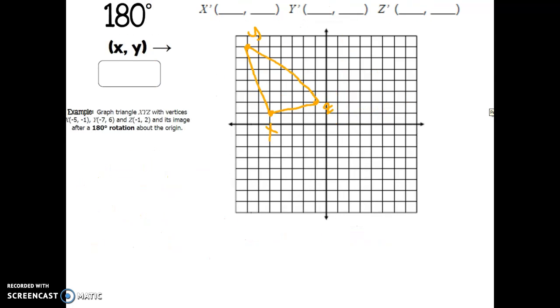As you can see here, I've already plotted my figure, so my pre-image is already done, according to these points. For a 180 degree rotation around the origin, the rule says you have your x and your y coordinate, you rotate it to a negative x and a negative y. So all you do here is just change the signs.